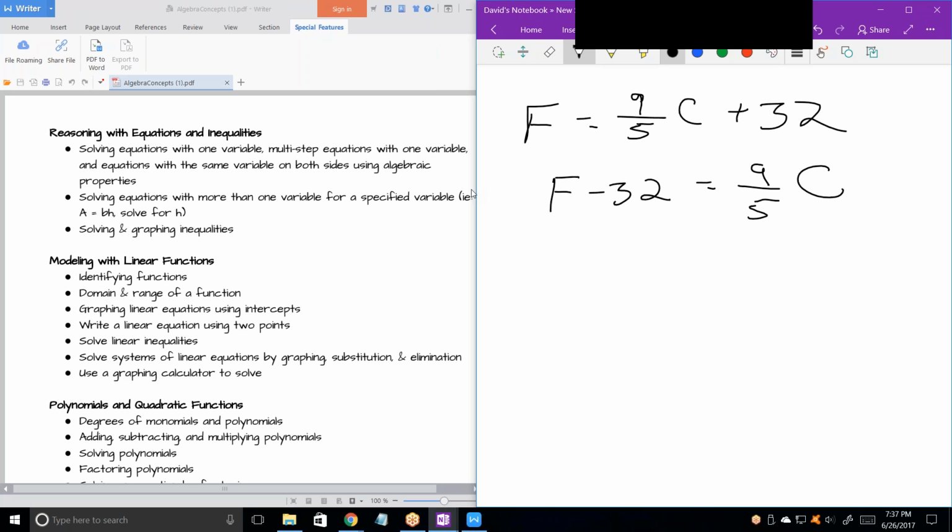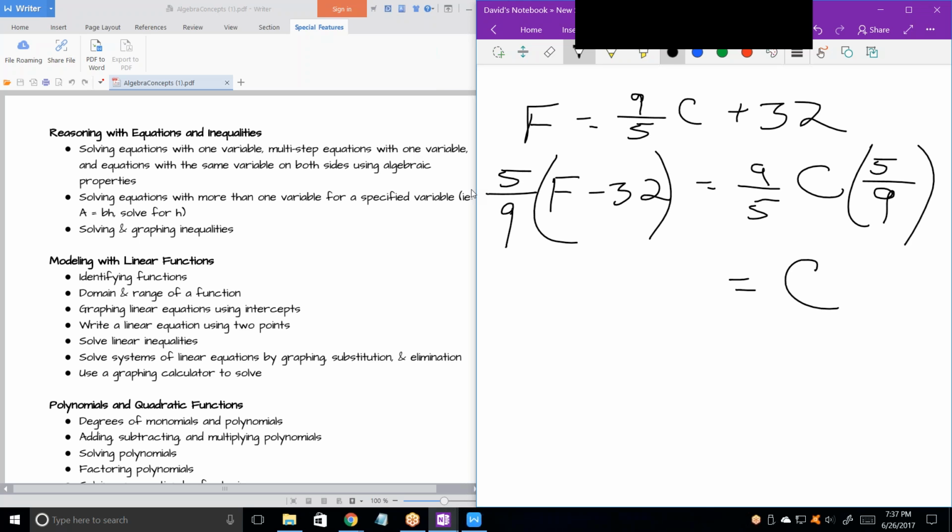Well, if you want to do that all in one step, I'm just going to multiply both sides by the reciprocal, 5/9. Okay. But if I do that to the right side, I got to do it to the left side. Now, what's the right side become? So that's what we're solving for.